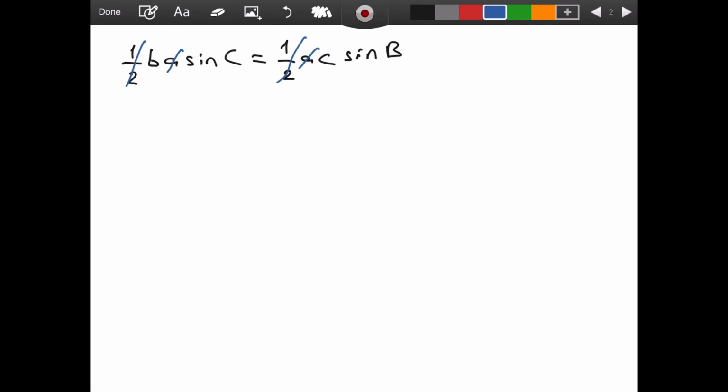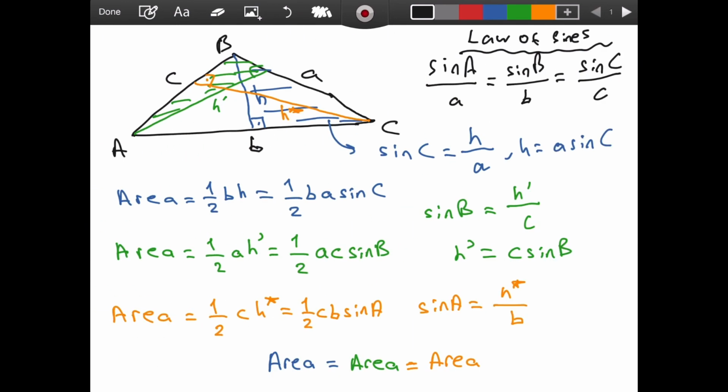And if we divide both sides by c and b, we can see that sine of C divided by c is equal to sine of B divided by b. So we got this, which is one part of our law. So let's do the other part.